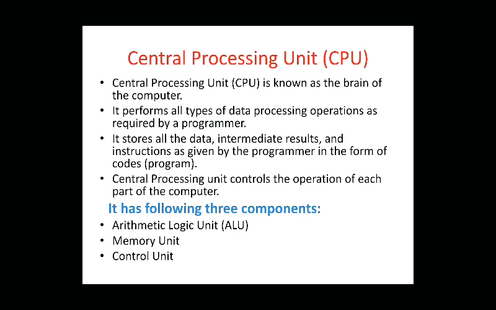So whatever data you have, suppose you want to perform any operation on that data, you need to have the CPU. It stores all the data, intermediate results and instructions as given by the programmer in the form of codes.